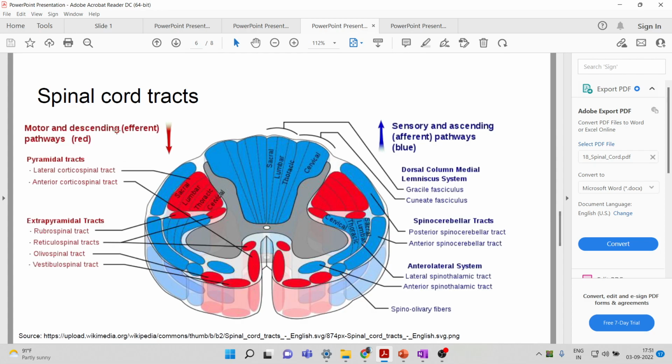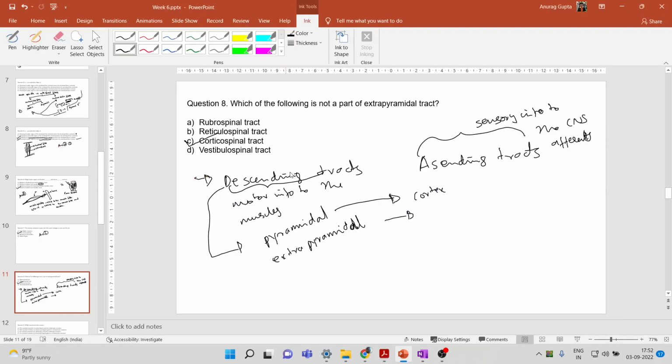We have two types of motor tracts: the pyramidal and the extrapyramidal. Whatever is connected to the cortex, here the lateral corticospinal tract and anterior corticospinal tract, comes under pyramidal, and everything else comes under extrapyramidal. So the answer is C.